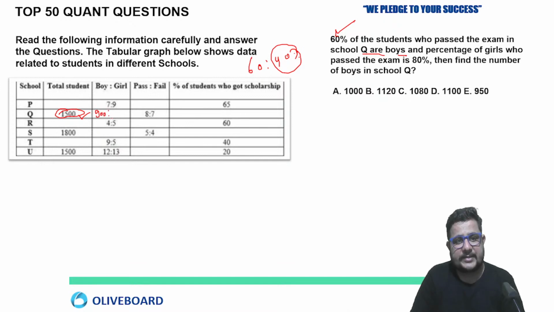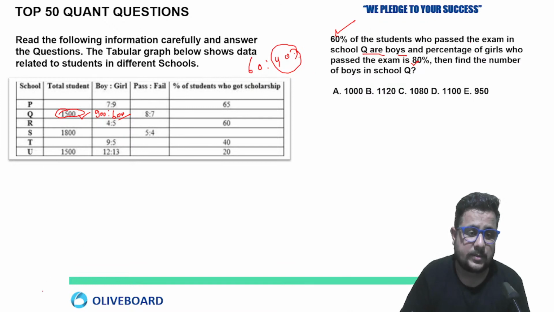And 40% means what? 40% of 1500 is going to be 600. Okay. Now girls who pass the exam in Q are 60% of students who passed. Okay. Sorry. I misread this question.